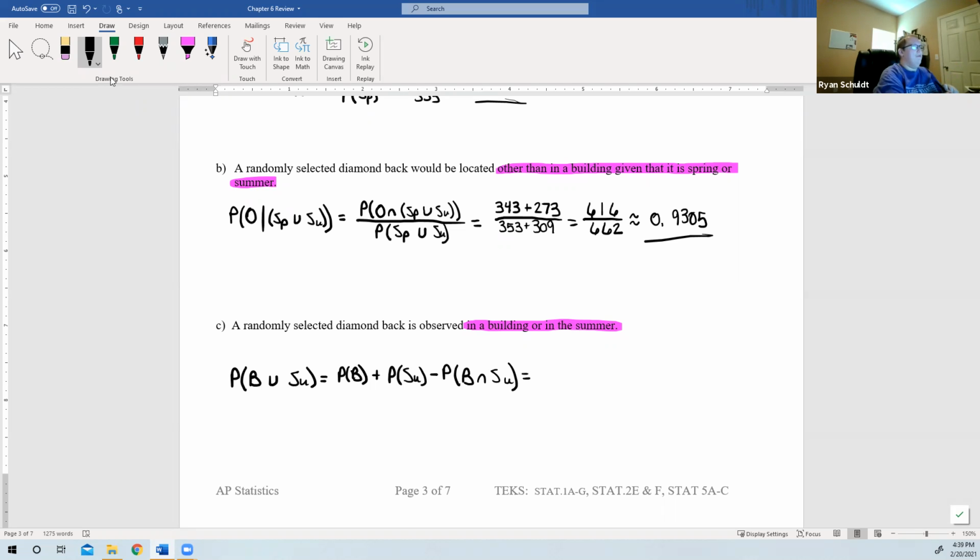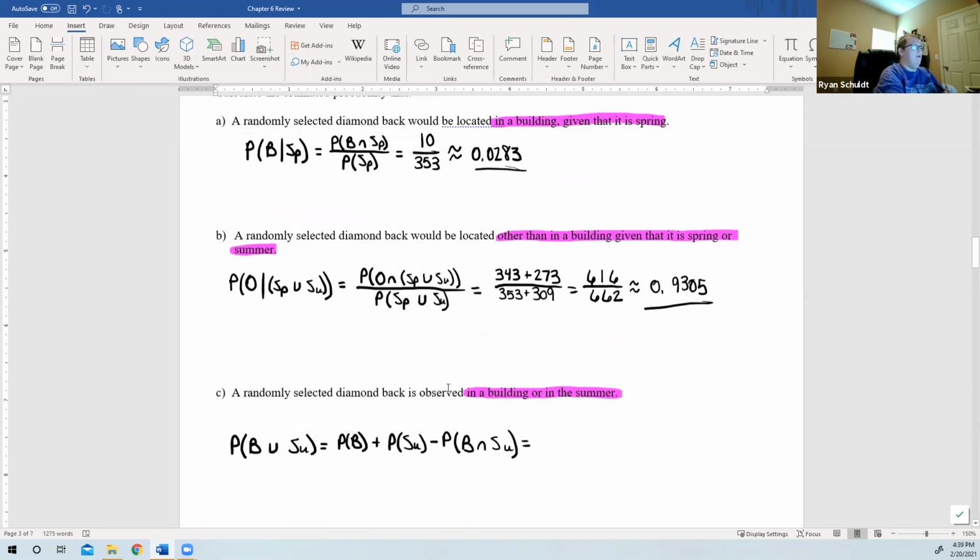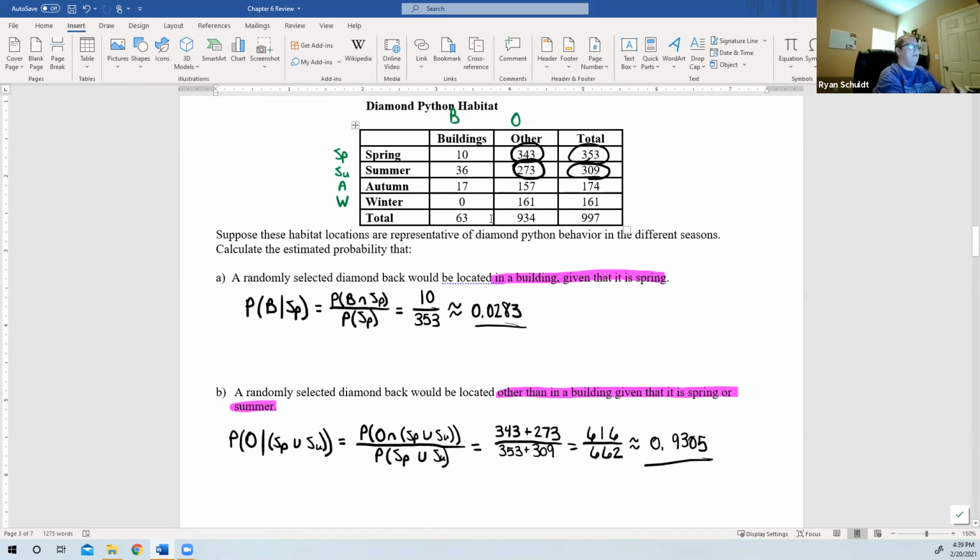So let's do that. How many were found in a building? Let me erase our markings here. We're interested in building, summer, and then also their intersection.